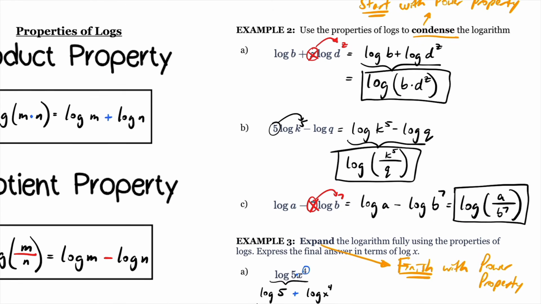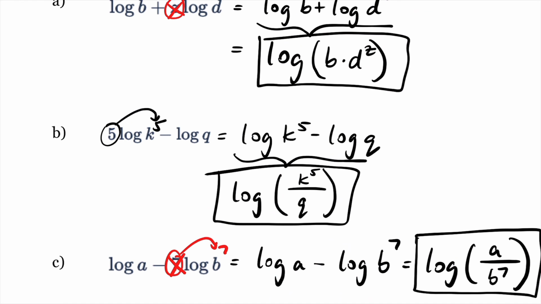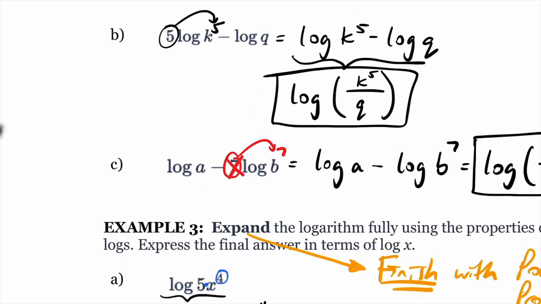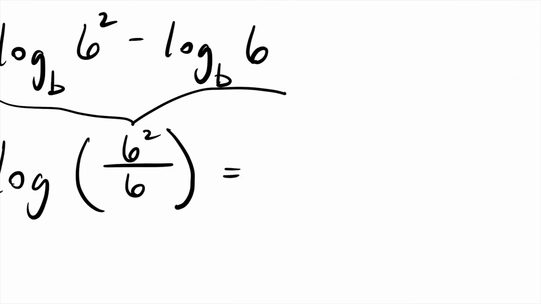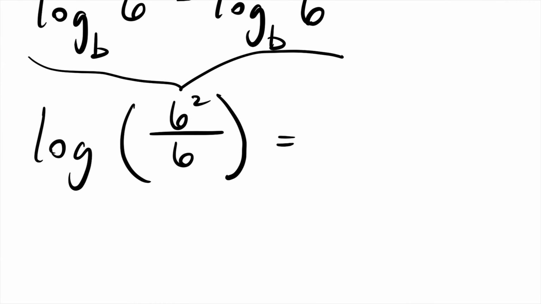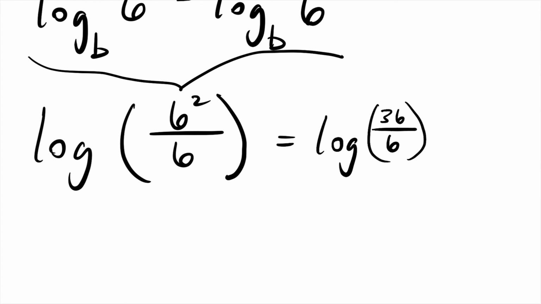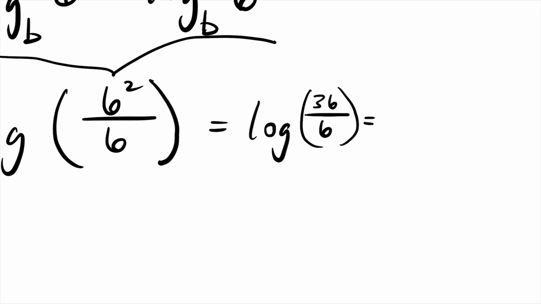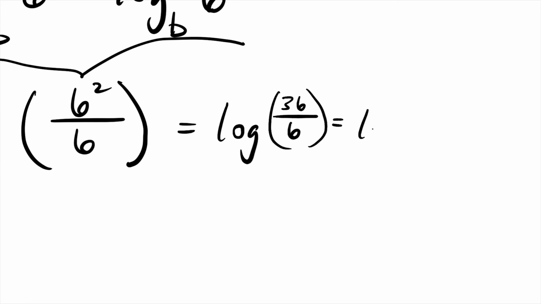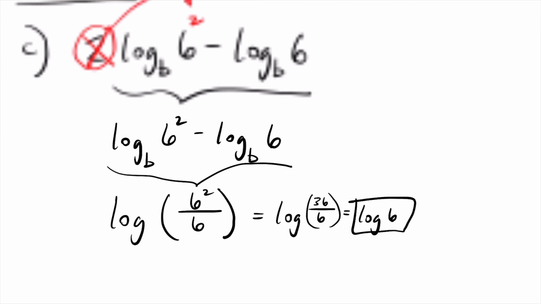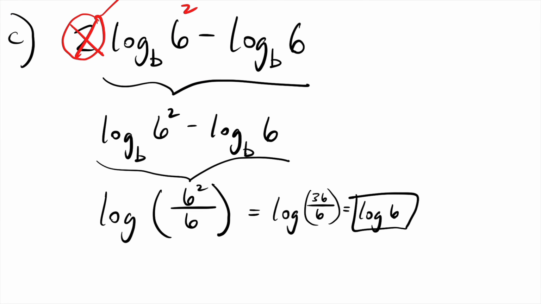They were like B times D, K divided by Q, A divided by B. We couldn't divide them. These we actually can. They're regular numbers. So anytime you can, actually do it. So 6 times 6, 6 squared is 36 divided by 6. And then 6 goes into 36 6 times. If you can do that, do that. If you can't, don't do it.